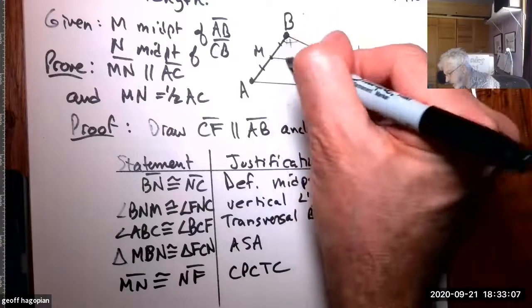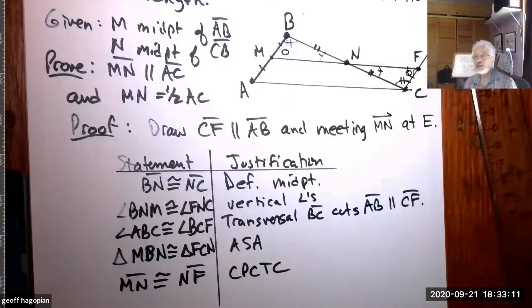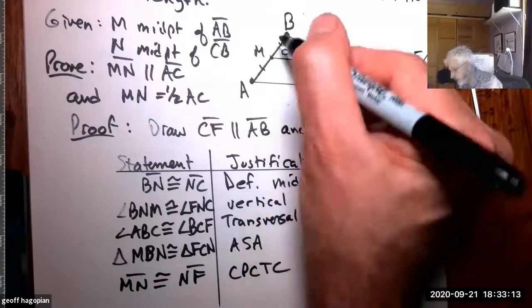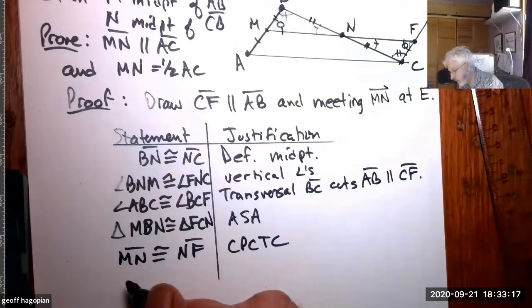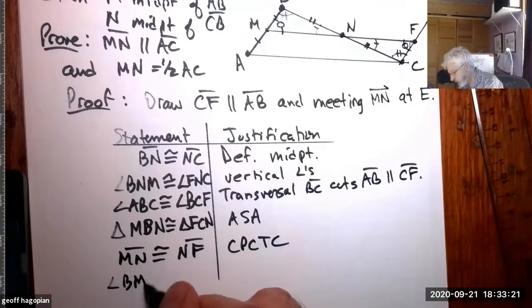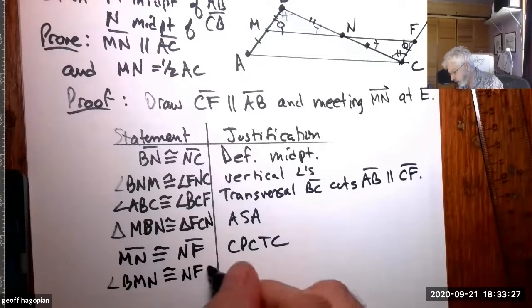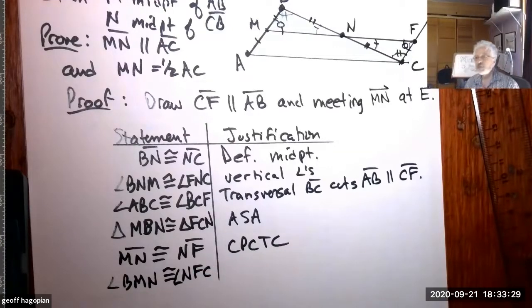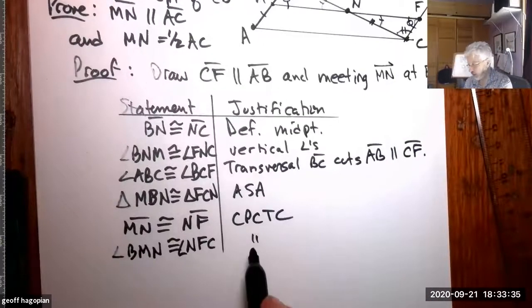So I know that this angle here is congruent to that angle there. Yeah, this angle. So let's go ahead and say that. So I know angle BMN is congruent to angle NFC. That's an angle. And that's for the same reason, right? Corresponding parts, this is like a ditto, repeat the reason above.